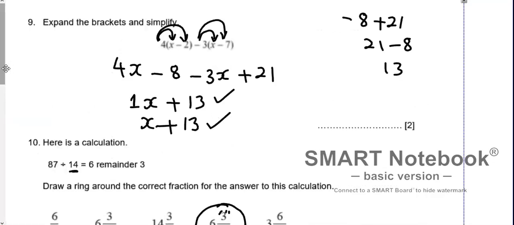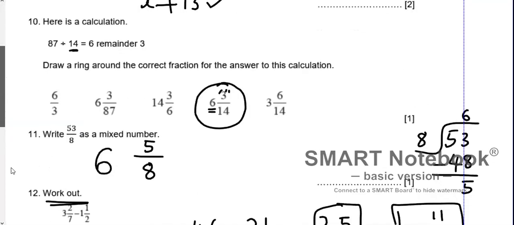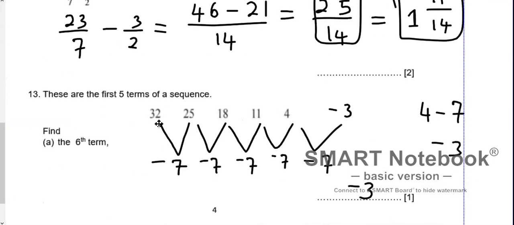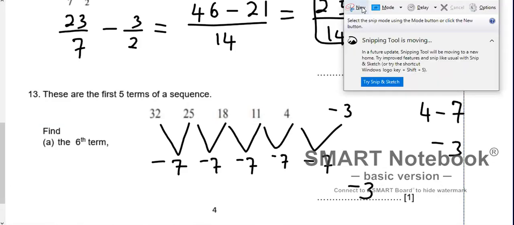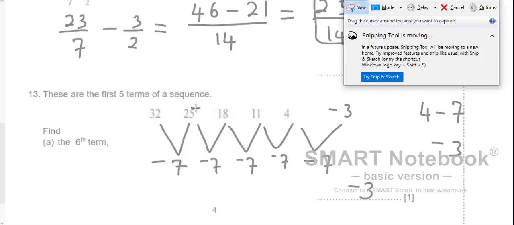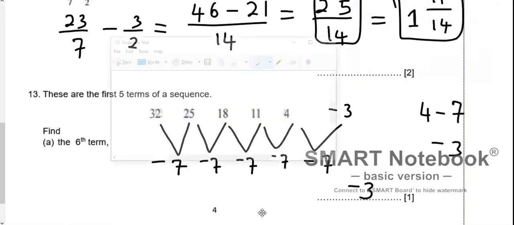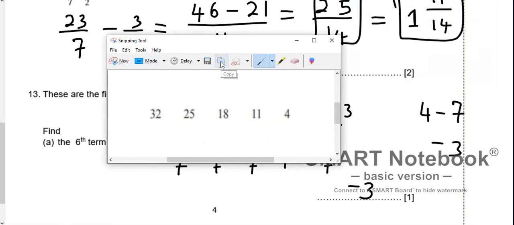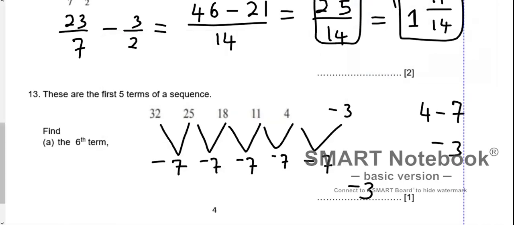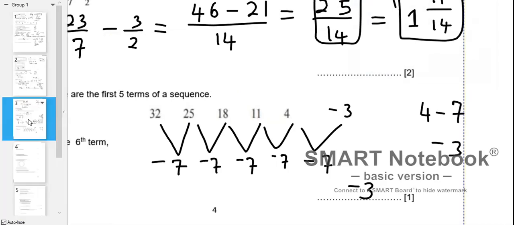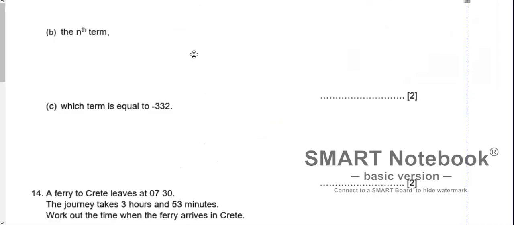The sequence is 32, 25. Let me try to copy this sequence and try to put it on the next part. Okay, so I'm gonna copy this. Then paste it somewhere here.